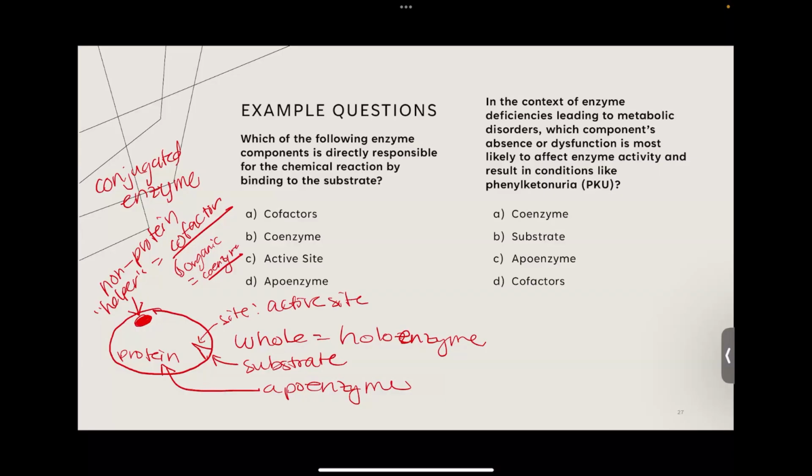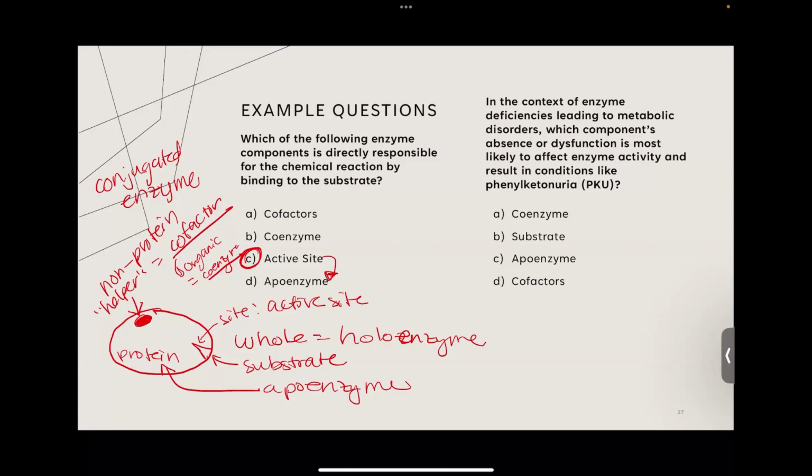Okay, first question. Which of the following enzyme components is directly responsible for the chemical reaction by binding to the substrate? We have it drawn out here. Where are we binding the substrate? At the active site, which is part of the apoenzyme, but the active site is the better answer for this.